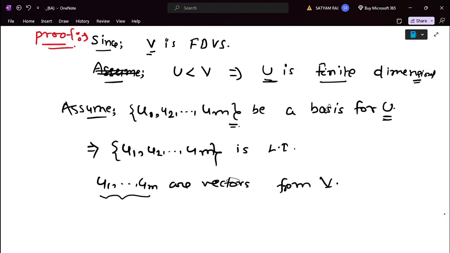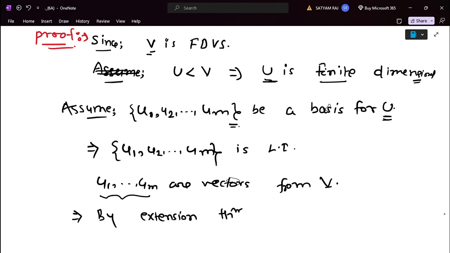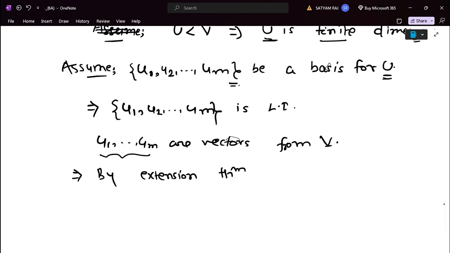Since it is in V and LI, by the extension theorem, this LI set can be extended to form a basis of V.